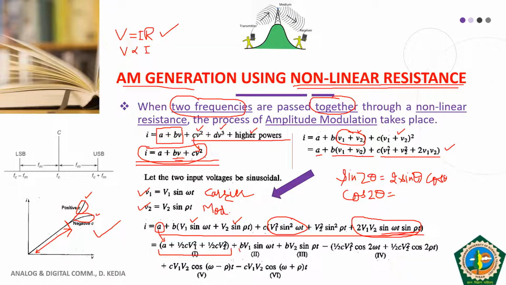Then this is BV1 sine omega t. This is another term that we get. Then BV2 sine rho t. This is another term that we get. So these are single frequency terms, omega and rho. Then we segregate the 2 omega and 2 rho terms.